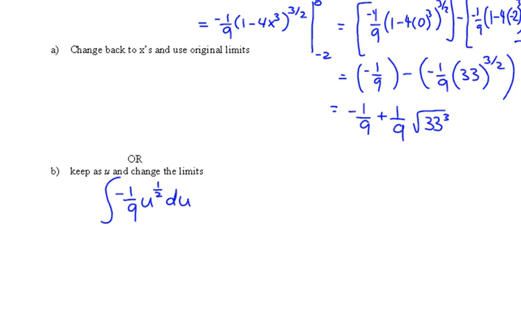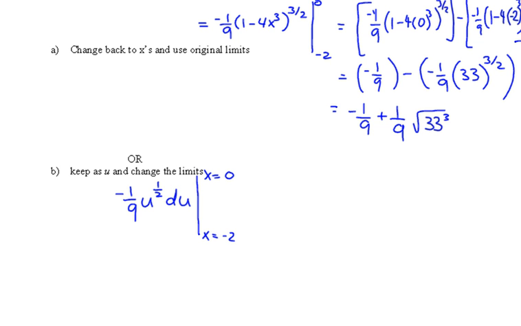Now this is from x equals negative 2 to x equals 0. That was actually our antiderivative.